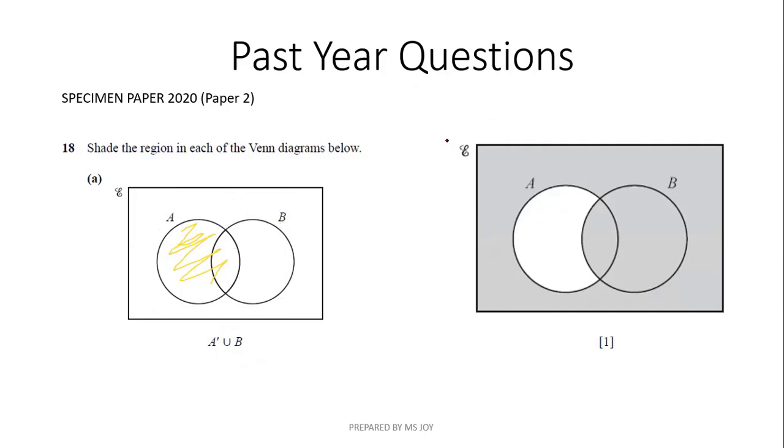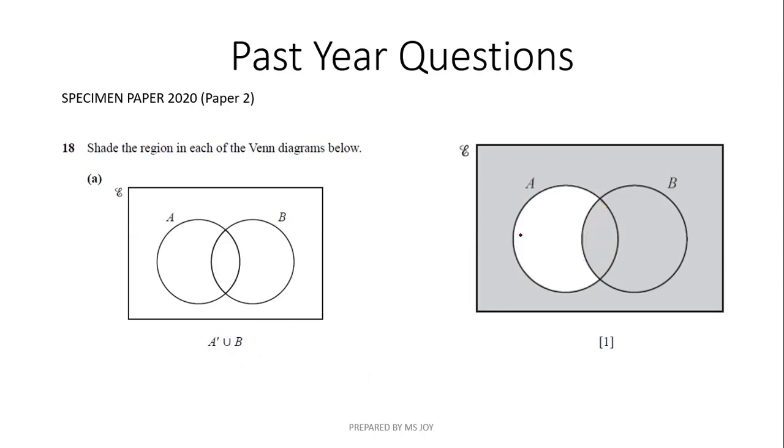But then guys, you see here, why do they shade this part? Can anyone tell me? Why is that so? Because it's union B. Yes, very good. Excellent. Because of the word union. What is the meaning of union? All. If let's say the question gives you A prime intersect B, then they might not shade this part here.